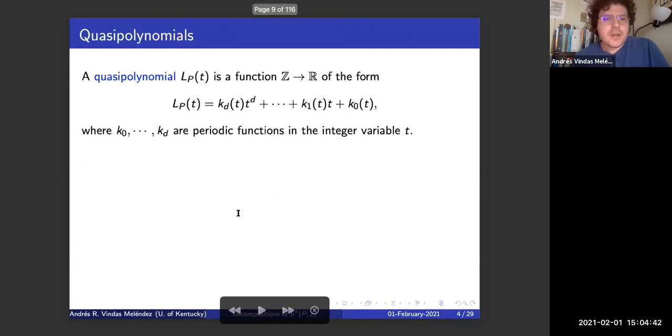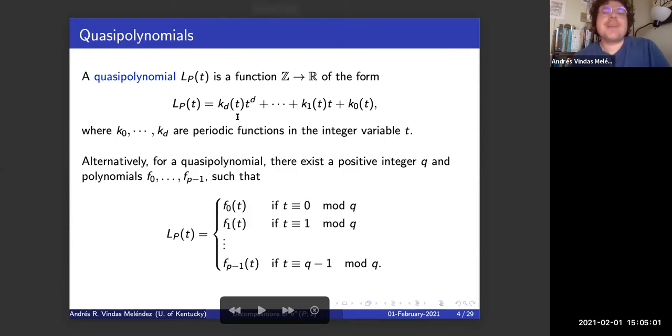A quasi-polynomial is a function of this form where instead of constant coefficients, we are considering periodic functions. You can think about a quasi-polynomial as a set of multiple polynomials depending on our period.